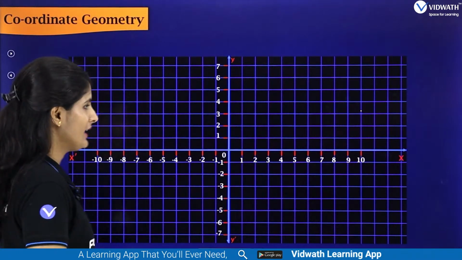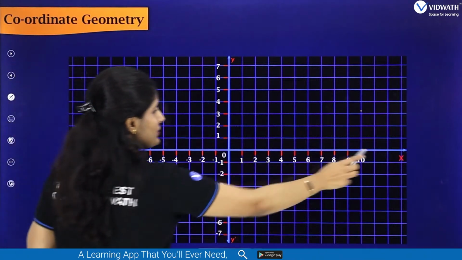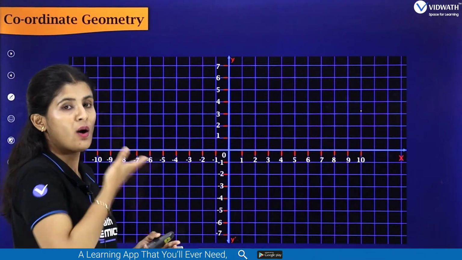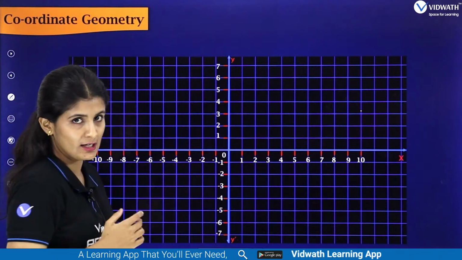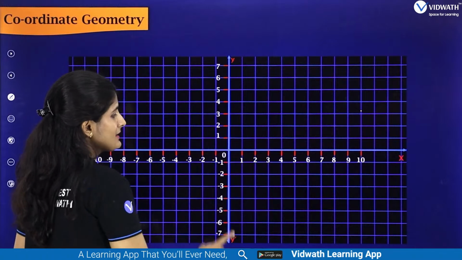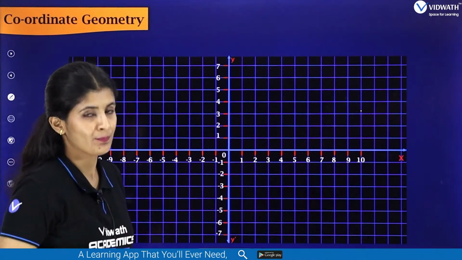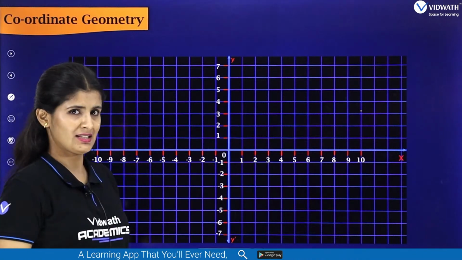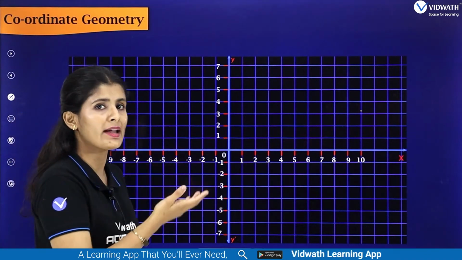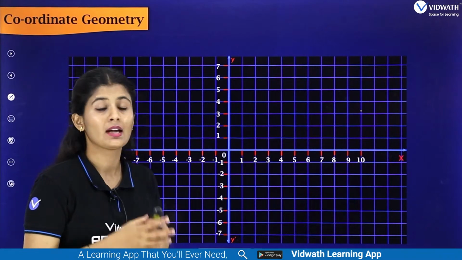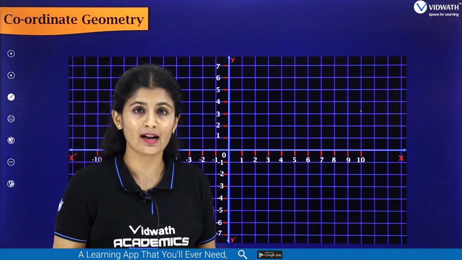Clear, students? In the graph sheet, we always draw the x-axis as the horizontal line and the y-axis as the vertical line. Both of these must intersect at the origin. But why do we take it in this way? Why don't we take the x-axis as the vertical line and y-axis as the horizontal line? It is absolutely not wrong to take it that way.